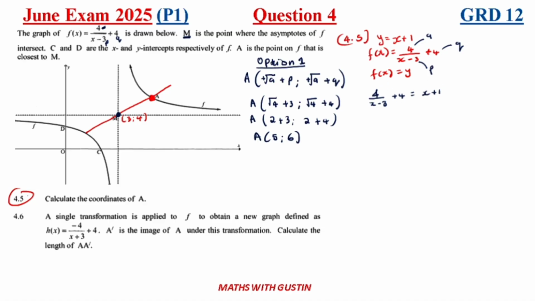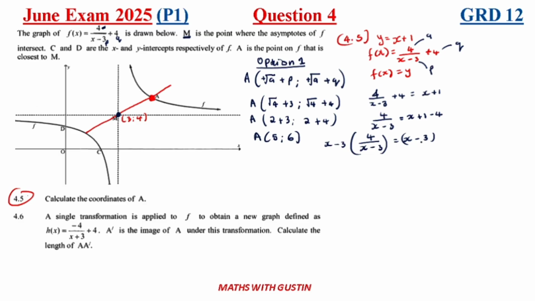So now what we can do, you can take the 4 that side. 4 over x minus 3 is equal to x plus 1 minus 4, and then 4 all over x minus 3 is equal to x minus 3. So therefore we can multiply throughout, multiply both sides with x minus 3.